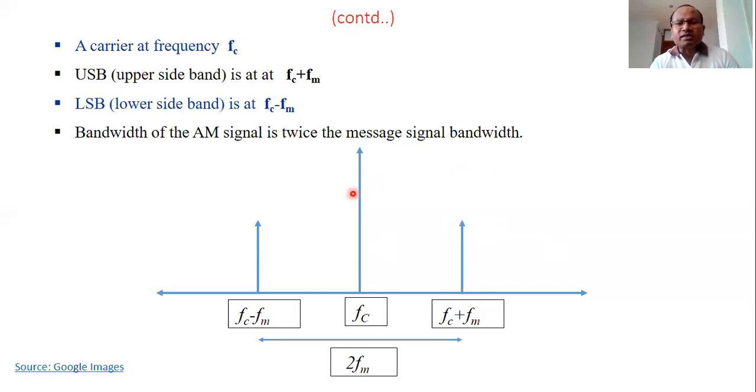It is actually present in both of the sidebands. So the message is carried not by the carrier but by the sidebands. It does not mean that the carrier, as its name suggests, carries. It is actually carrying because it has facilitated two sidebands, and those two sidebands are carrying the message signal.